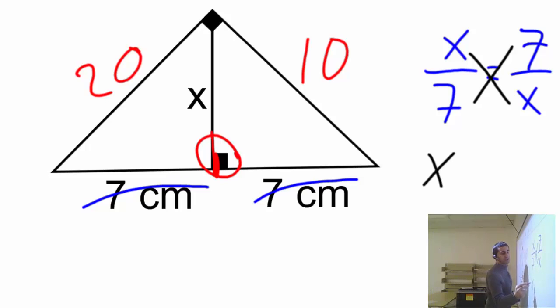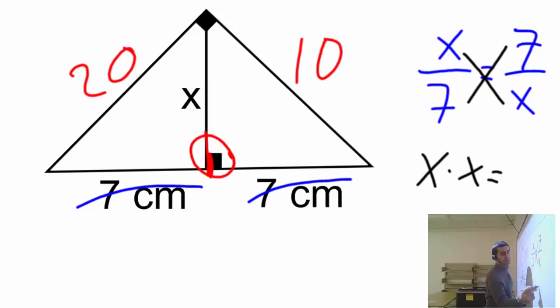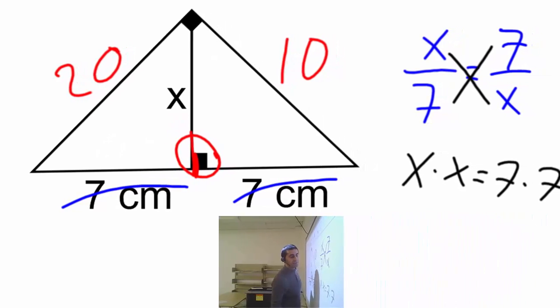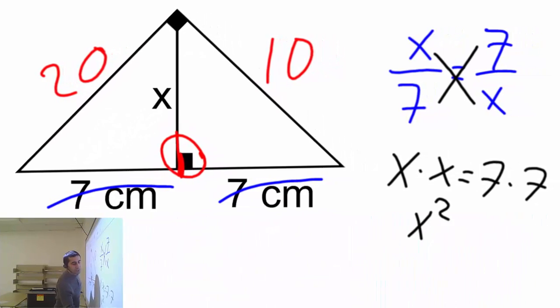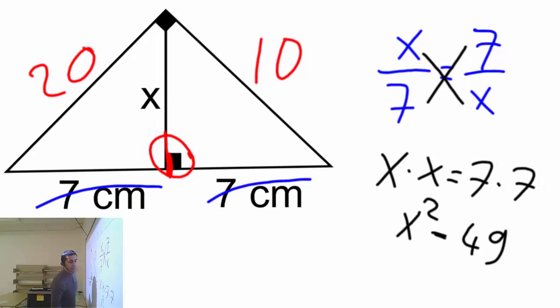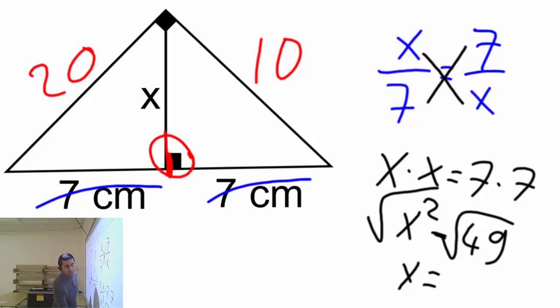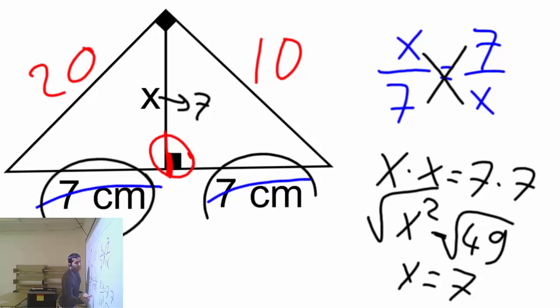X times x equals 7 times 7. That's x squared equals 49. And take the square root. X would be square root of 49, which is the same 7. So x in this case is the same as this and that one.